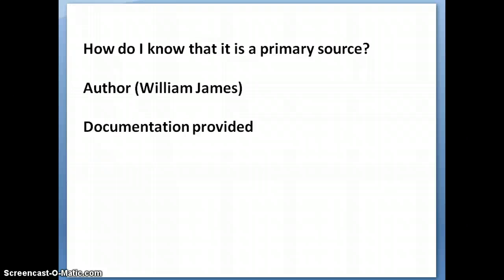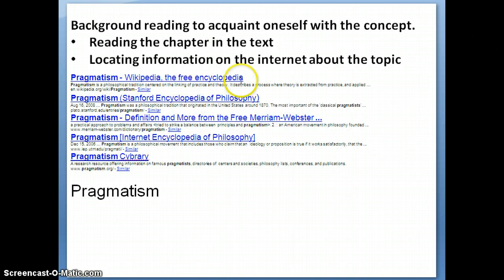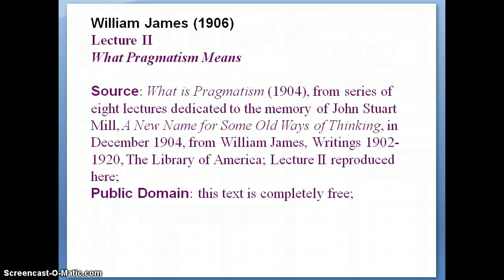Now, why do I know that's a primary source? Well, number one, I did my background reading as I'm telling you to do, and if I went back to Wikipedia or the Stanford Encyclopedia of Philosophy, I would have found out very quickly that this guy, William James, was a major figure in pragmatism before the turn of the century.